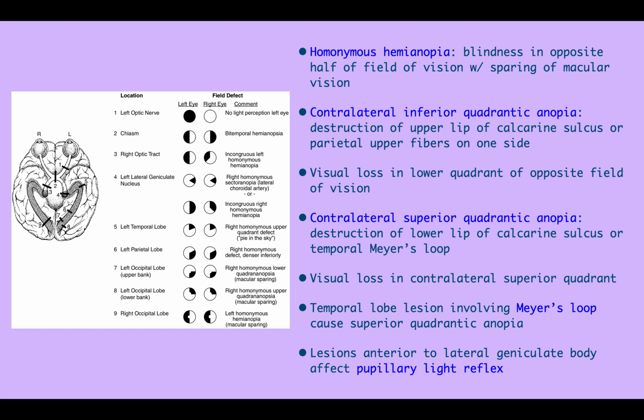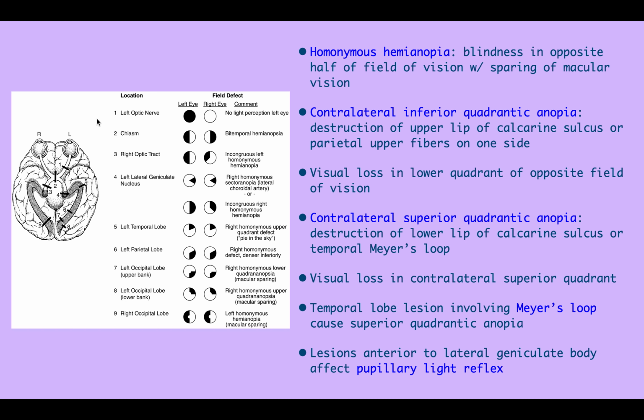Okay, so once again, homonymous hemianopia is going to be blindness in half of the field of vision with macular sparing. Right there, it's actually the occipital lobe itself being damaged because of the PICA artery. So contralateral inferior quadrantic anopia.